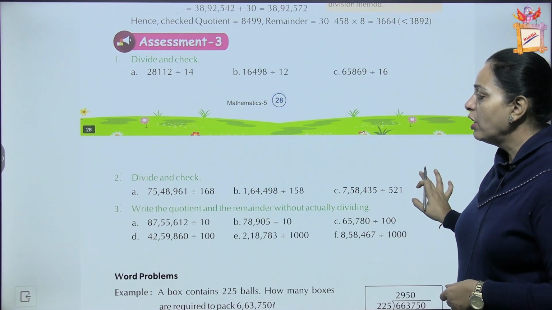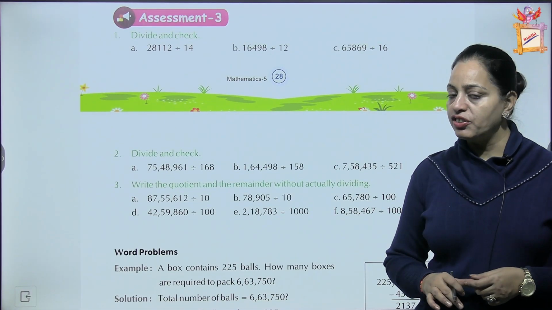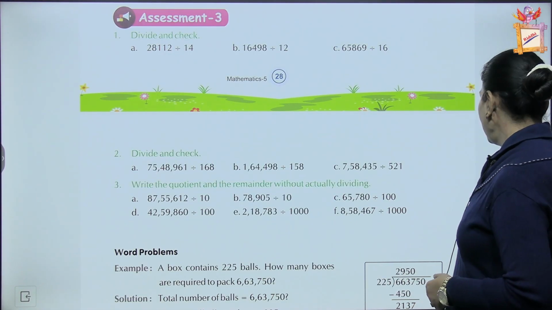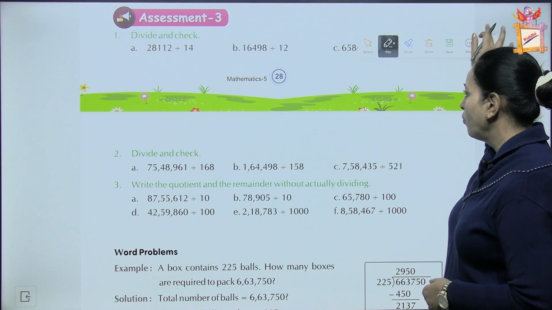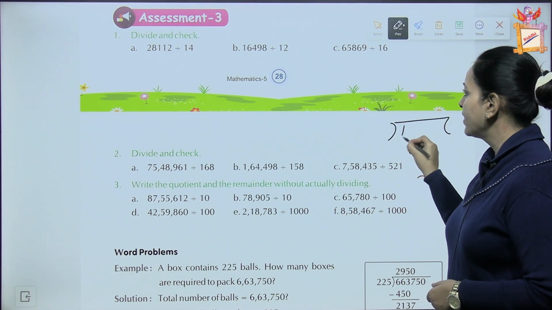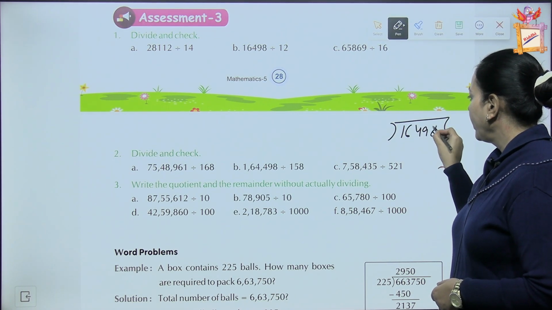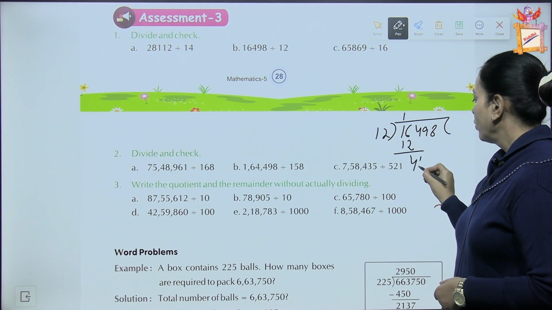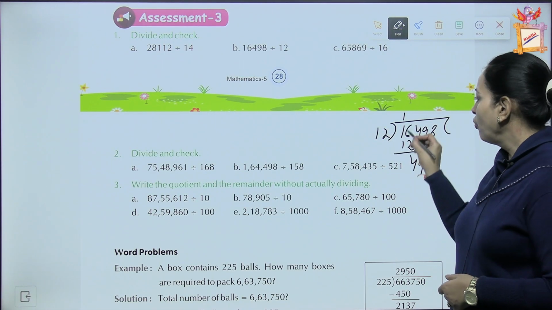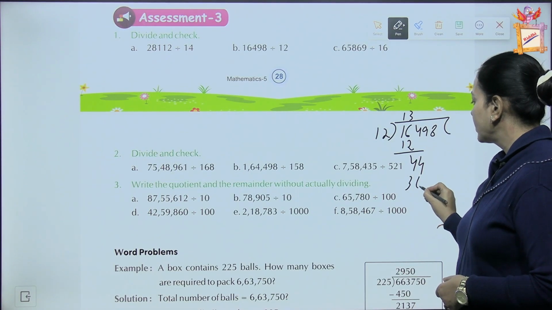Now assessment 3, question number 1, divide and check. Like here, B part, you can do division. 16,498 divided by 12. So 12 ones are 12. Now 44 we are getting. 12 threes are 36.